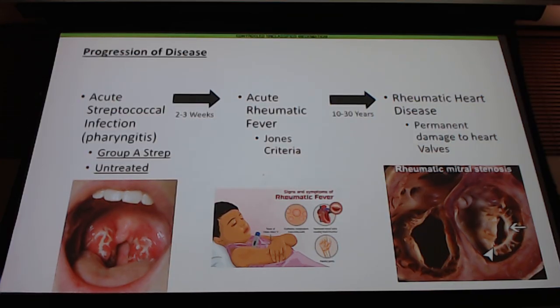And then, unfortunately, somebody who has developed acute rheumatic fever is decades down the road at risk of developing rheumatic heart disease, which is a permanent damage to heart structures that oftentimes requires further interventions or increases morbidity and mortality.